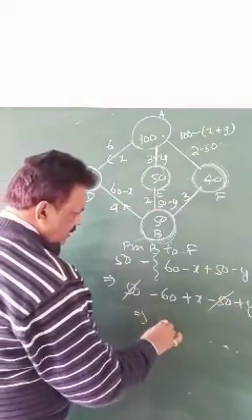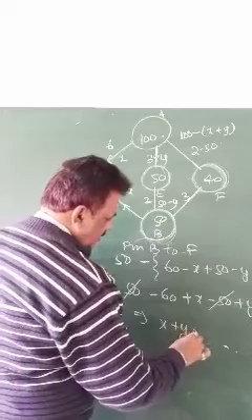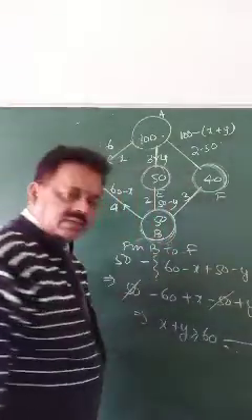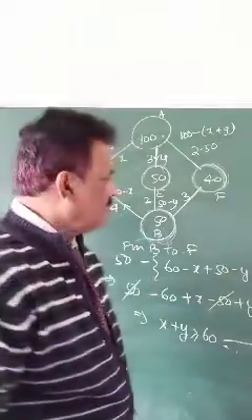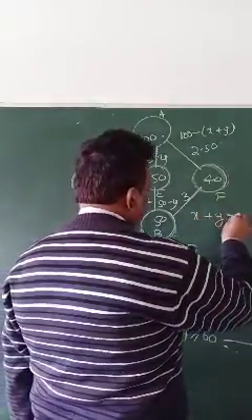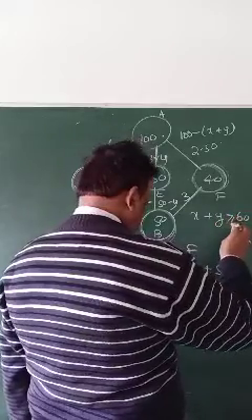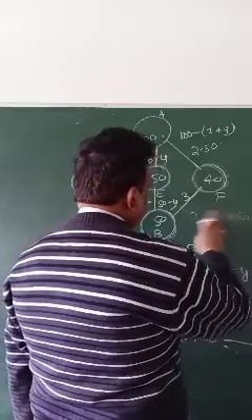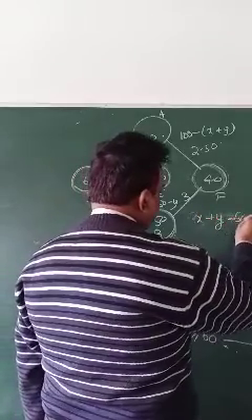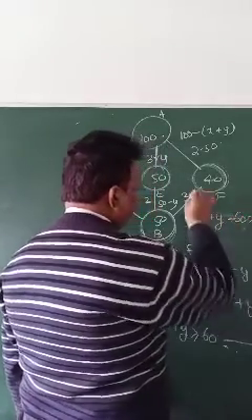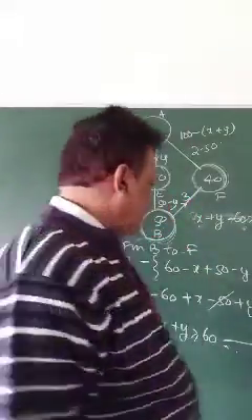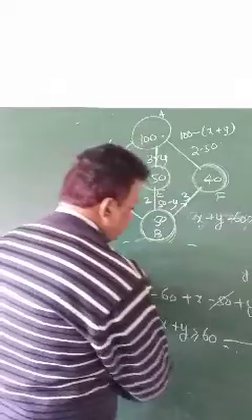So you are getting x plus y greater than or equal to 60. Or you can write x plus y minus 60 greater than or equal to 0. Okay, now cost: minimize, minimum cost.